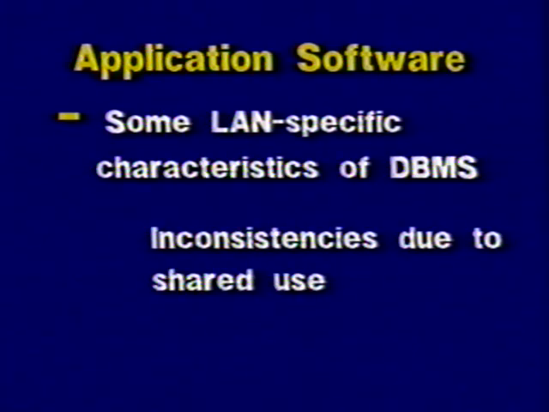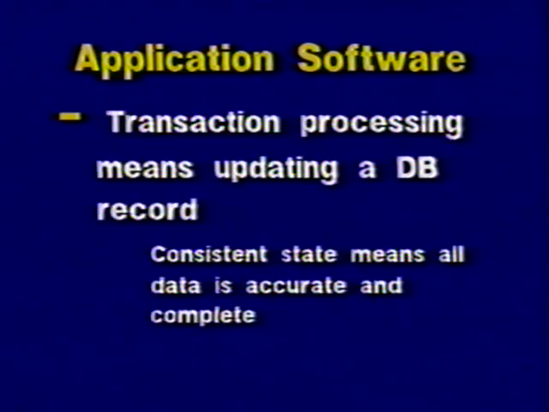The next aspect of database management systems is the definition of a transaction. Transaction processing means updating a database record. Okay? Here's a definition of consistency in databases. A consistent state means all data is accurate and complete.